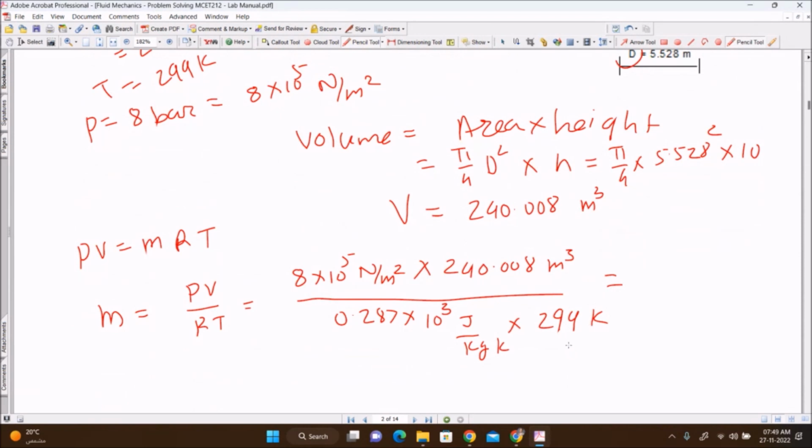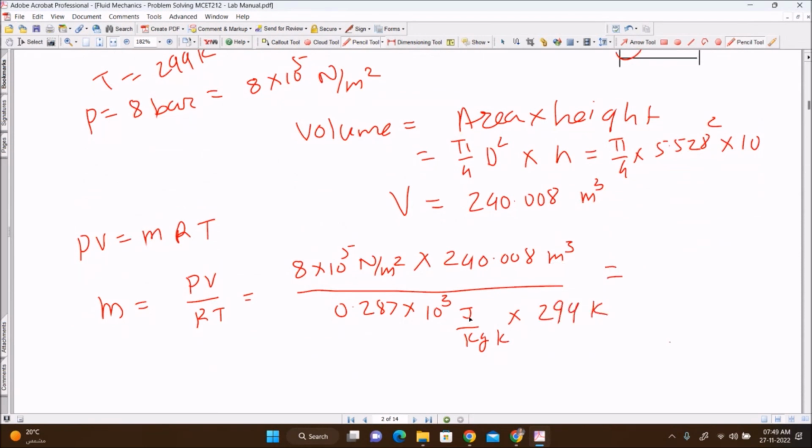You can see the Kelvin gets cancelled. Joules means Newton meter, so Newton gets cancelled. The meter squares get cancelled, so we get the unit kilogram. So mass is equal to 2236.87 kilogram.